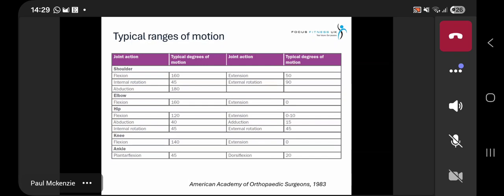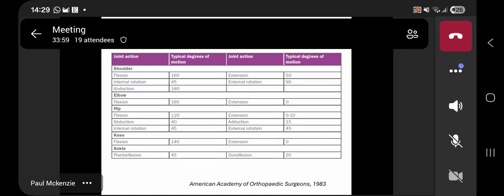But it also depends on the position you're measuring from. If you're measuring from here, you might get less movement than if you're doing it from here. Here, I can get up to 90 degrees, but from here, I've got less external rotation than I have here.